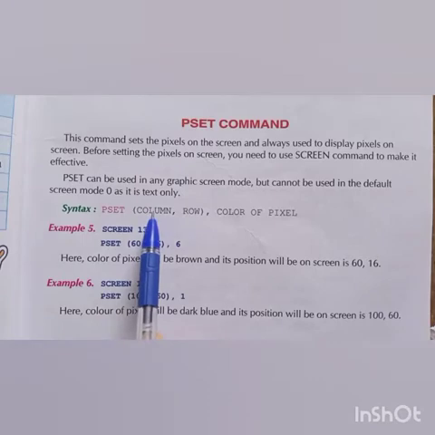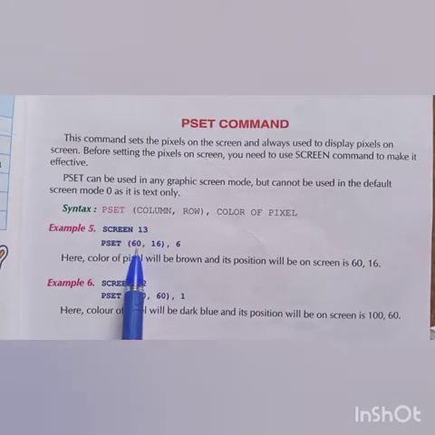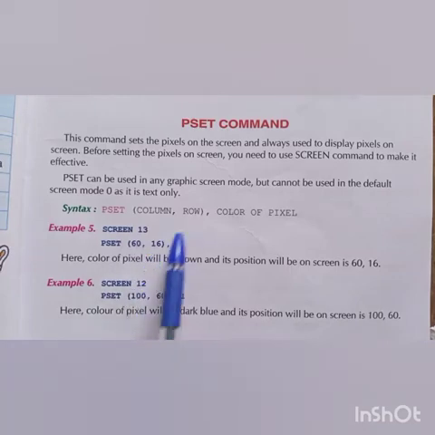Then first you need to mention the column, 60th column. That means our first pixel where the picture is going to be drawn is in the 60th column and 16th row. So the 60th column and 16th row will be the first pixel from which the picture is going to be drawn. And then we need to mention the color of the pixel.